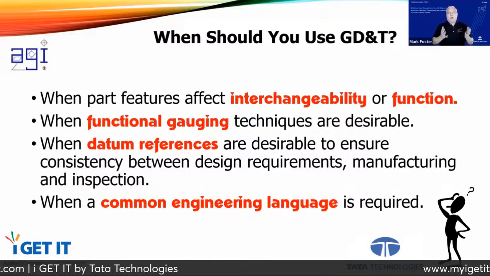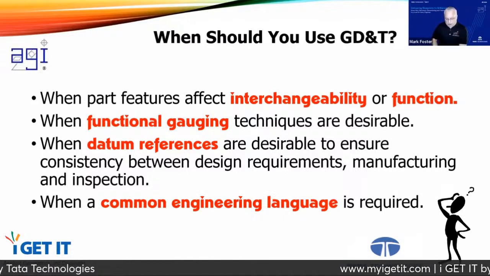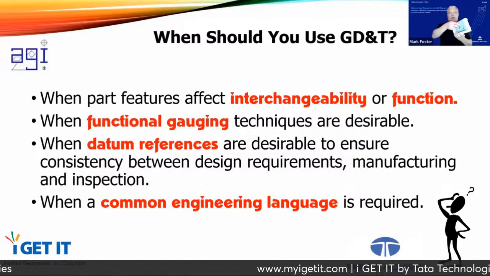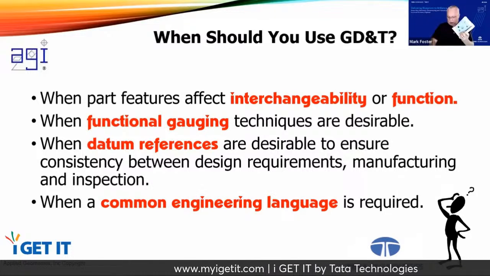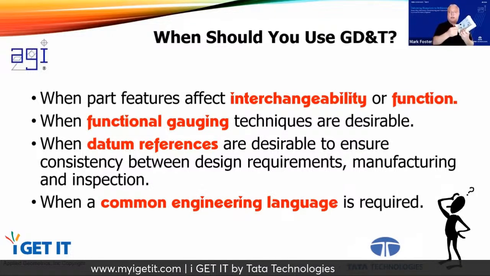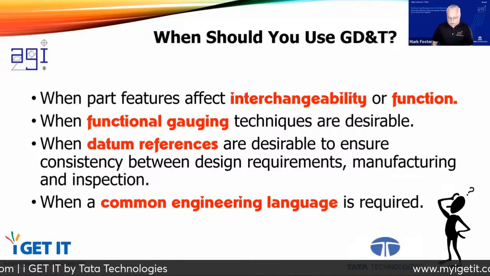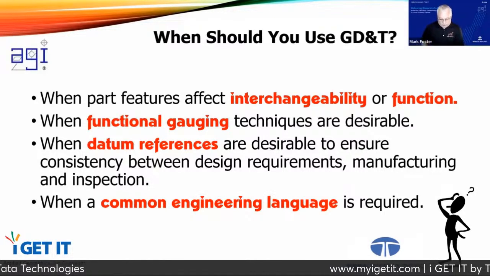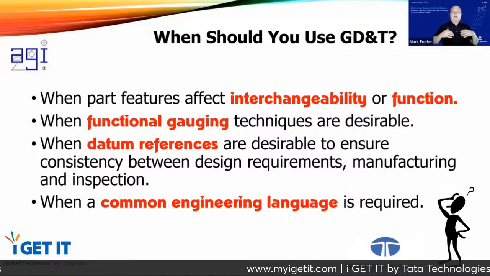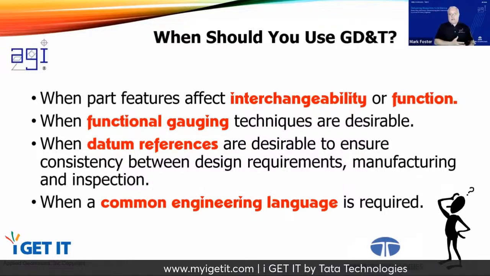Okay, what's another reason? Well, when we want to use functional gauges, I have a gauge right here to check this thing. I can put this thing on here and I can see if my pins fit through the gauge and all this stuff. Now, a gauge is an expensive thing, potentially. And we don't want to go spending lots of money on gauges when we don't need to.